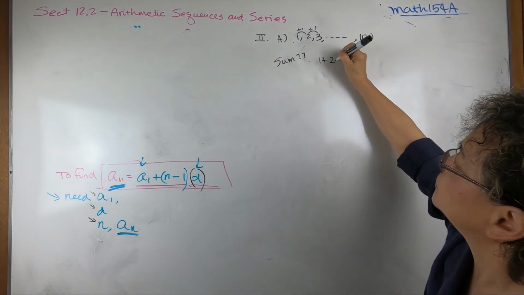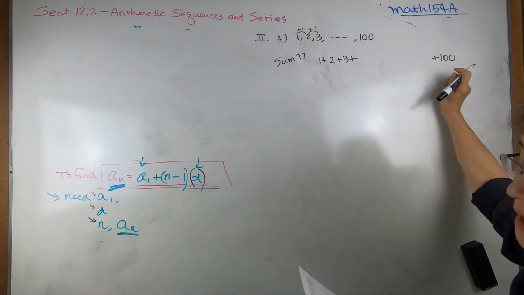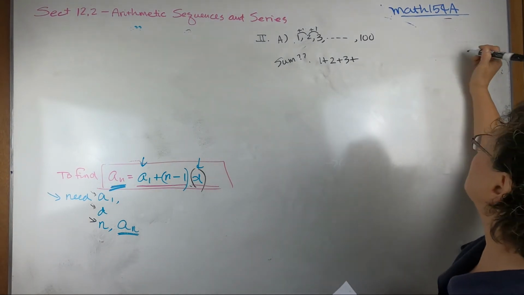Find 1 plus 2 plus 3 all the way to 100. They didn't have a computer at that time, 400 or 500 years ago. It was busy work, but it took him less than a minute to finish. How come? Because he used his pattern recognition skill to find a much quicker way.